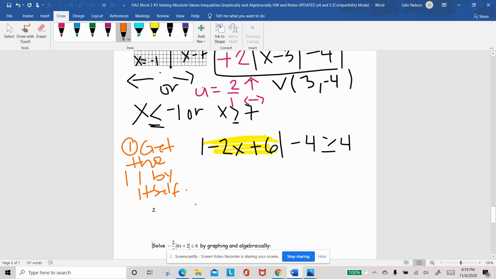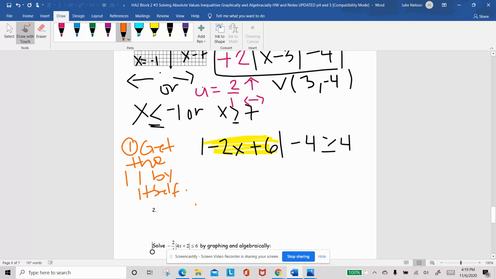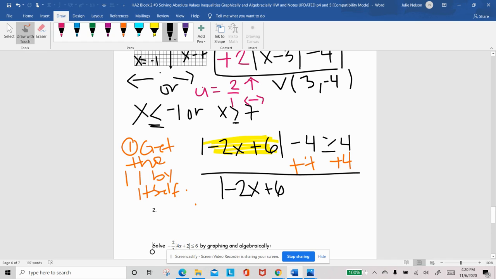Well, in this case, this 4 is subtracting from the absolute value. So to get rid of it, I want to add it. And when I add 4 to both sides, I get the absolute value of negative 2x plus 6 is greater than or equal to 8.